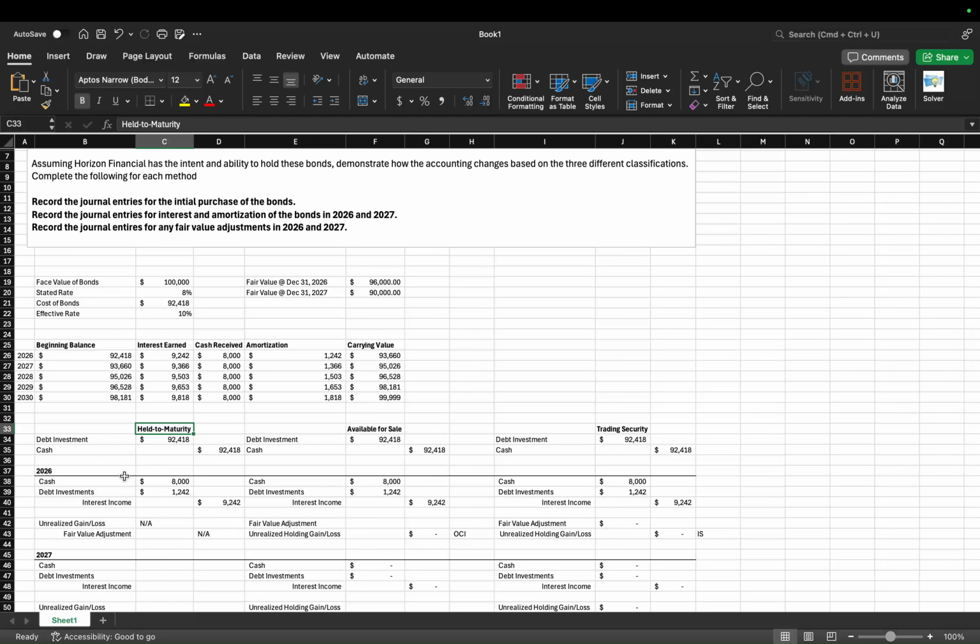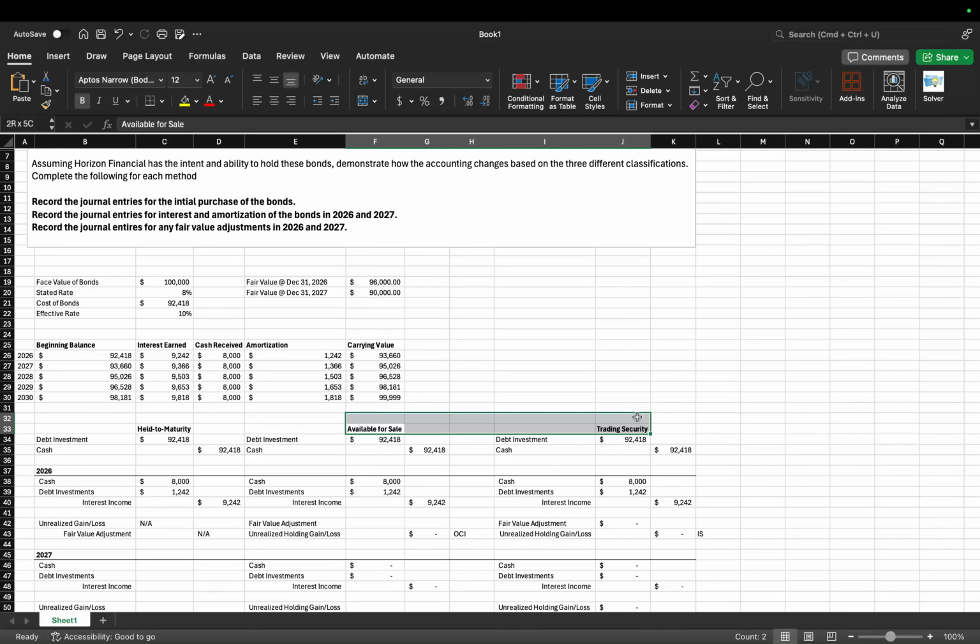They're not going to be selling the bonds in the market, so fair value doesn't matter here. We don't care what the market says it should be going for, any dips or gains. We're just going to worry about the carrying value with amortization taken into account, because we're holding it to maturity, so the contract of the bonds itself is what matters.